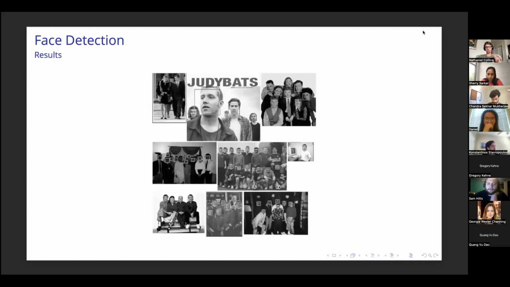And here are the results. You have probably seen, or maybe some of you who are more senior have even implemented that in standard computer vision courses. You give an image, and then you receive these boxes around the faces.